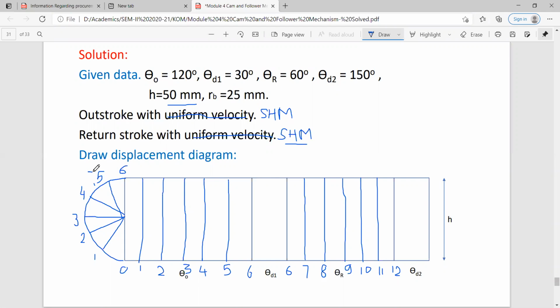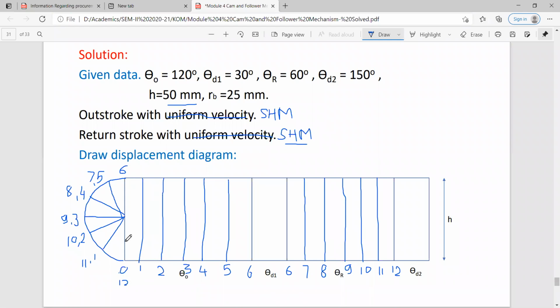We will use the same semicircle, right? Same semicircle for the return stroke also, no need to draw it separately. After 7 then it is 8, then after 8 it is 9, like this. Then after 9 it is 10, and after 10, 11, and 12 will be at the point of 0 here.